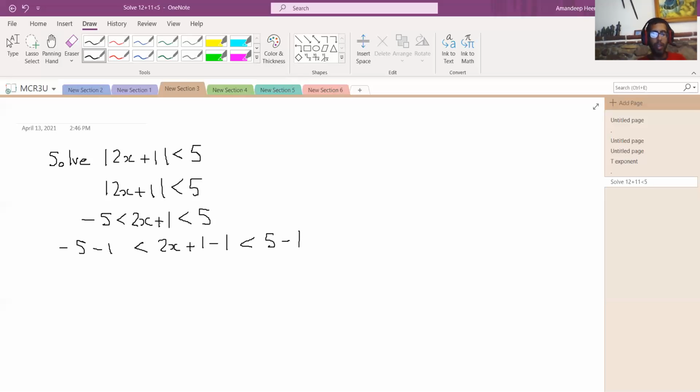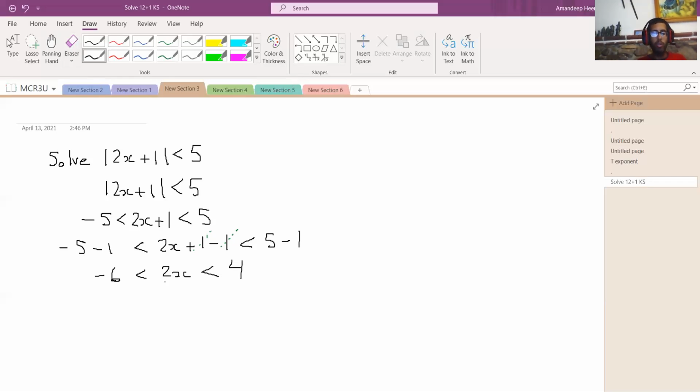I subtract 1 from this, from this, and from this. The reason is that the plus 1 and the minus 1 cancel each other out. So what you get left over is -5 minus 1, which is -6, less than 2x, less than 5 minus 1, which is 4.